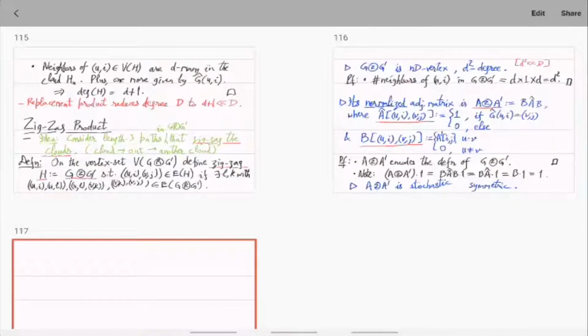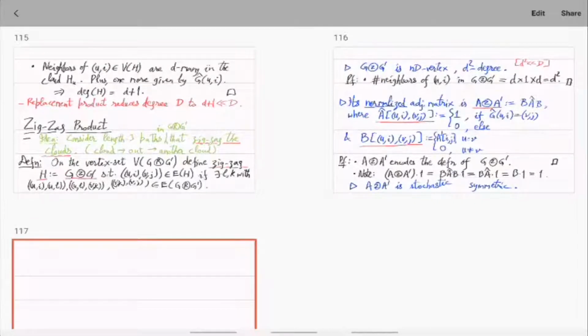And we had these formulas. The normalized adjacency matrix of the zigzag product, A zigzag A prime, is B A hat B, where A hat is the step you take outside the cloud, so that is dependent on A, and B is the step you take inside the cloud, so that is dependent on A prime.